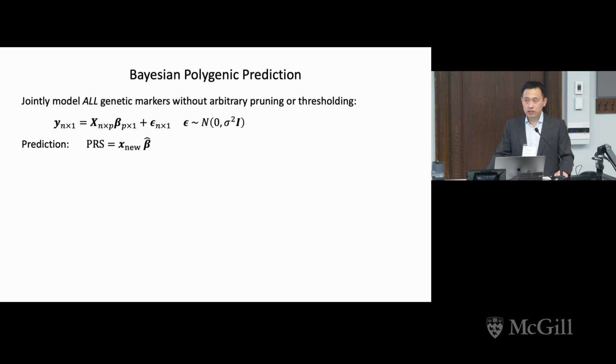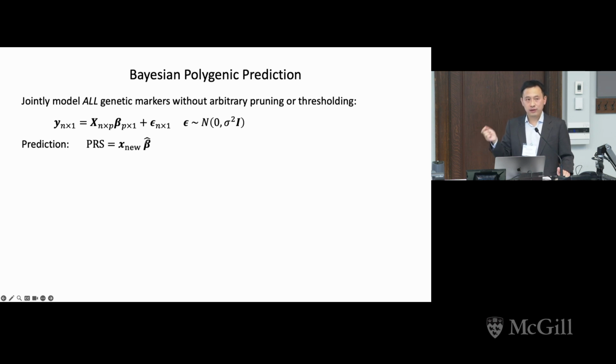So the Bayesian approach is able to include all the SNPs in the model, and by all the SNPs, I mean usually 5 million to 7 million common SNPs in the GWAS summary stats, and they're able to include all of them in building the model. And how do they do that? They assign a new beta to each SNP.